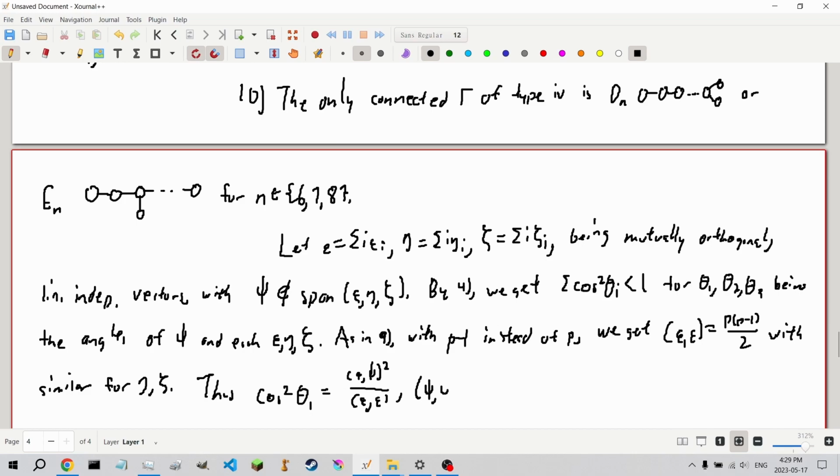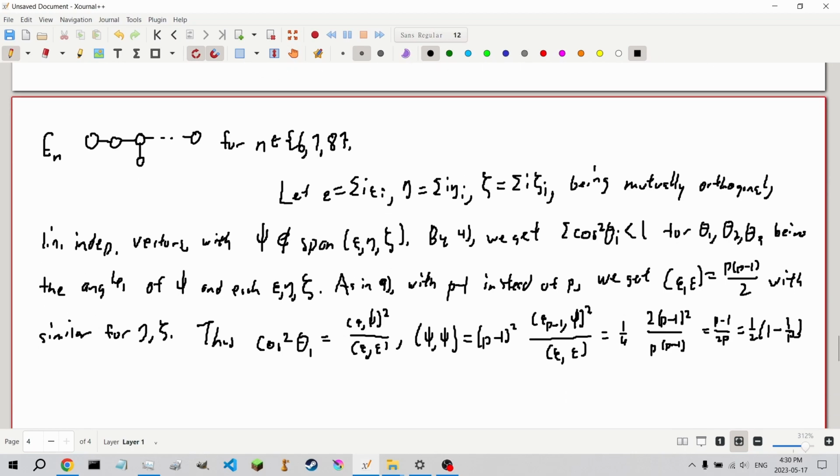The form of c with itself is equal to p minus 1 squared times the form of epsilon of p minus 1 and c squared over the form of epsilon with itself, which is equal to 1/4 of, this top part is 2p minus 1 squared over p to the p minus 1, which is p minus 1 over 2p, which is 1/2 of 1 minus 1 over p, with again similar for theta 2 and theta 3.